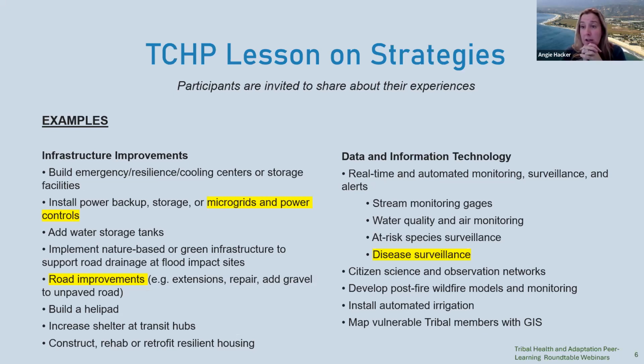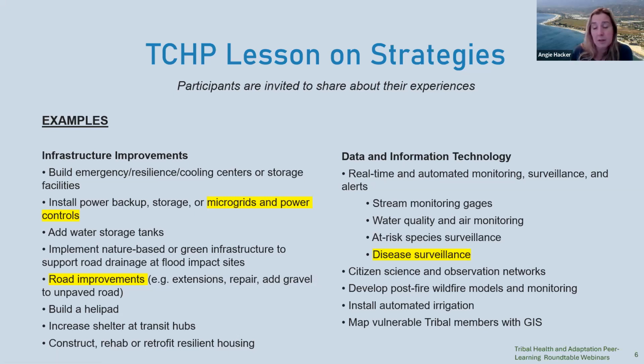It could look like extra insulation and things that are going to help keep that home cool, or really efficient cooling systems. Or if you have existing homes, you could consider rehab or retrofitting those homes. So those are some examples of infrastructure improvements, and then some examples of data and information technology.